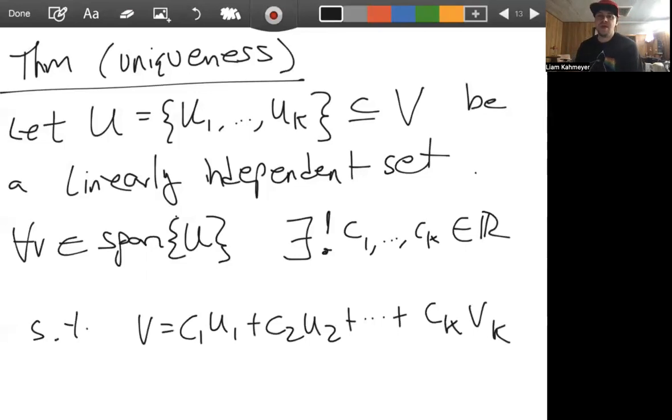So this is saying if you have any element in the span of a linearly independent set, the representation of that element is unique.